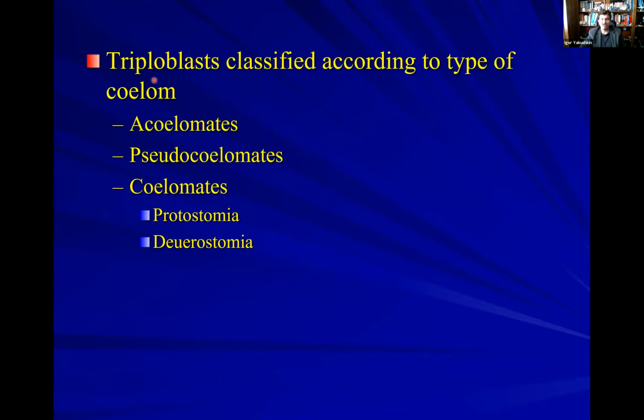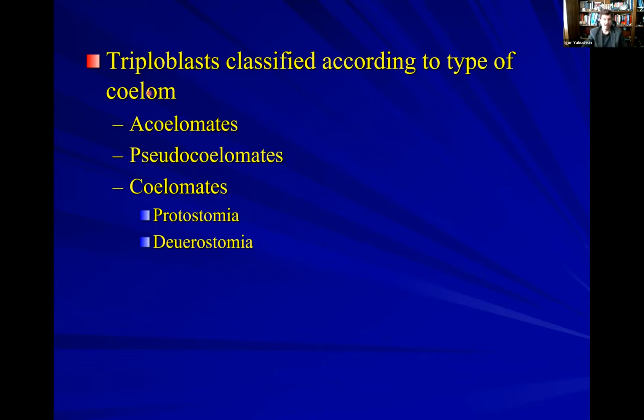So we have animals subdivided into diploblastic and triploblastic. Now triploblastic will be subdivided into three different groups. Acoelomates. Now technically it's two groups: presence or absence of the body cavity.